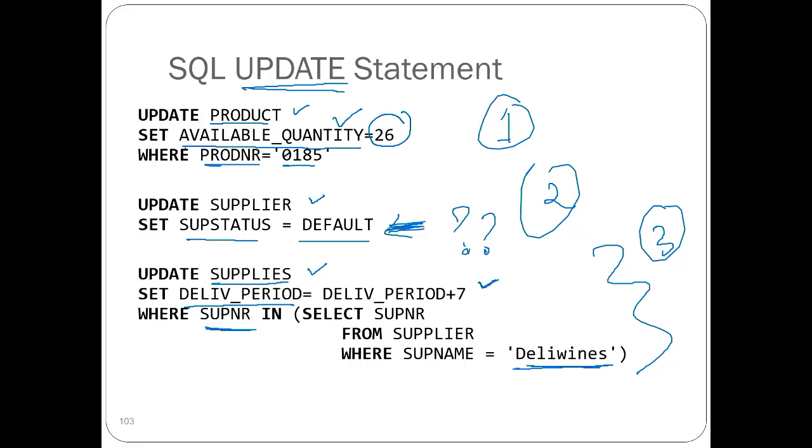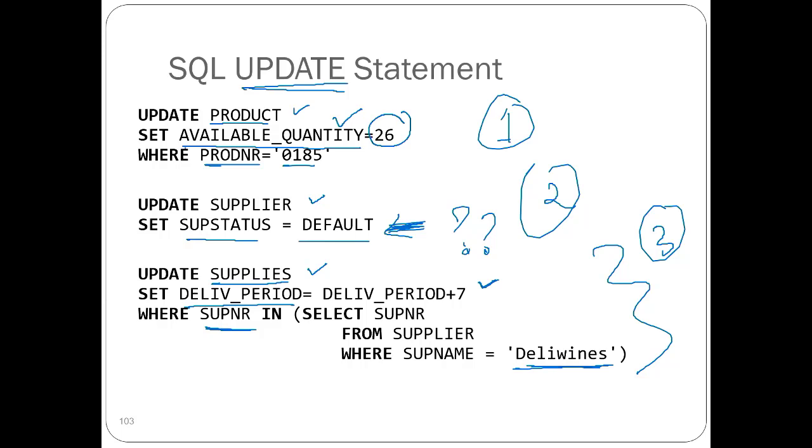Probably the daily wines supplier has some backup. I failed to find the correct word. It's a little busy, right? Or something happened with the supply chain of daily wines, because of which we are experiencing some delay. Therefore, the delivery period that we had in the supplies table for the supplier daily wines, we want that to be updated by 7 days. All right.